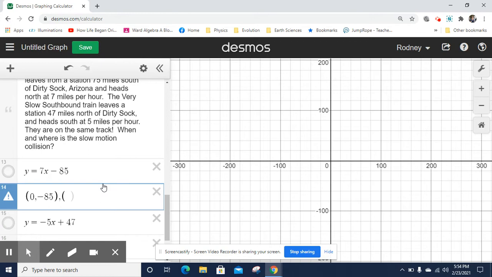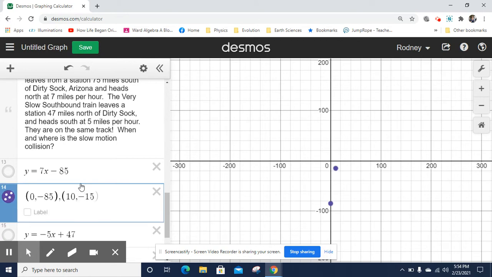So let's say we say 10 for x. So 10 times 7 is 70 minus 85. So that will be negative 15. So I'll have another point right there. These are a couple of points that I have on this line, and I can just draw a line through those 2 points.